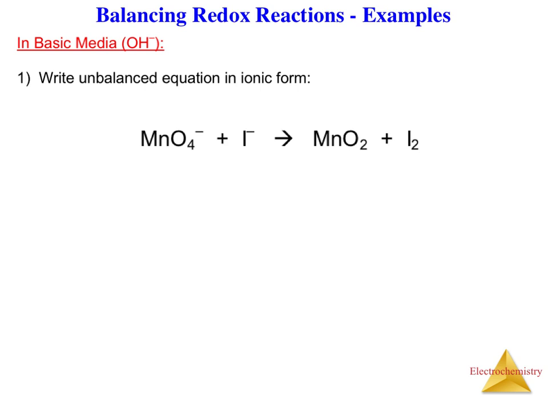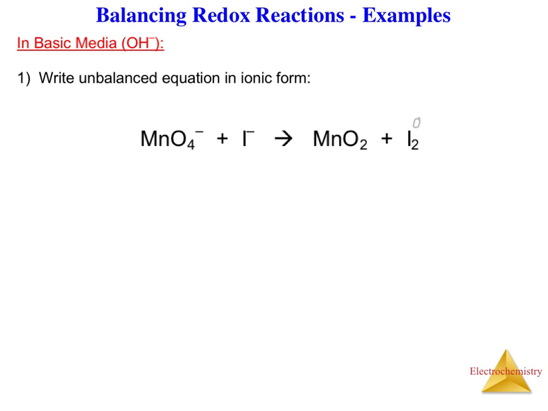So, looking at this equation, is it a redox equation? Absolutely, right? I've got an I minus on one side in one oxidation state. I've got an I2 on the other. My I2 is elemental iodine, so it's in an oxidation state of 0. My I minus is an oxidation state of -1.